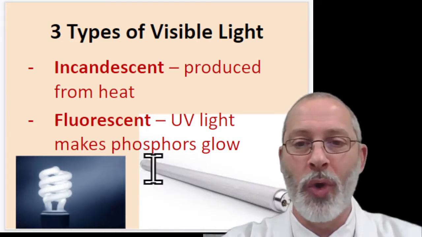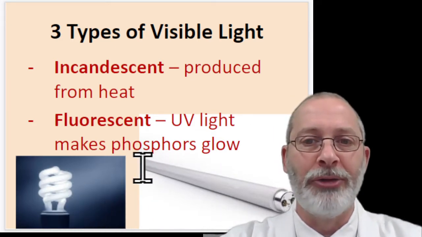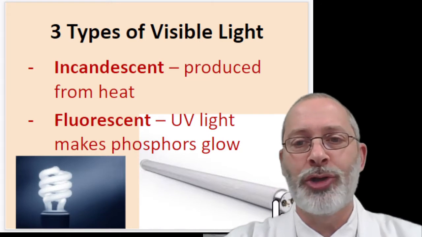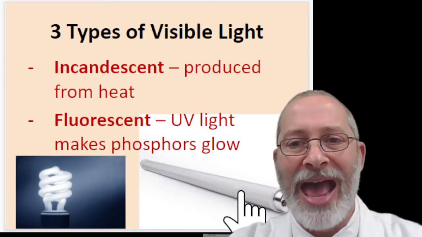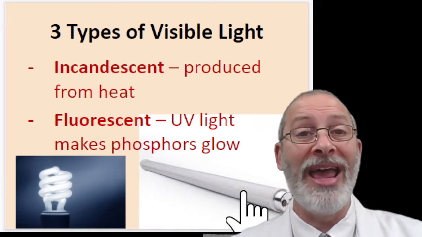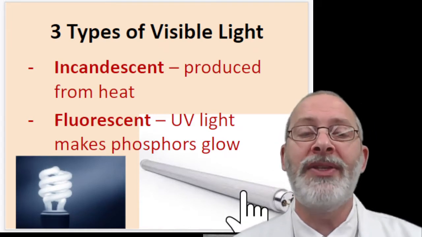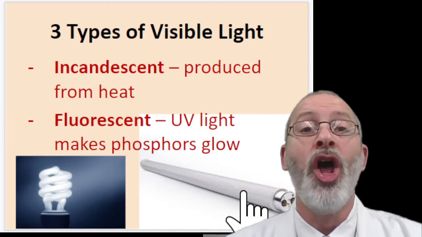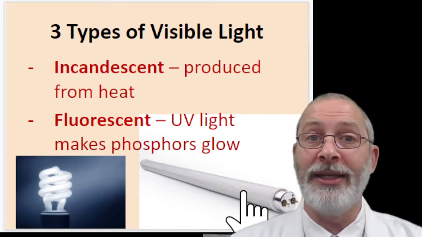Whether the tube is coiled or straight is really irrelevant, but the electricity is allowed to pass through a gas inside the tube. That gas, when energized, emits a certain wavelength of light, ultraviolet light.